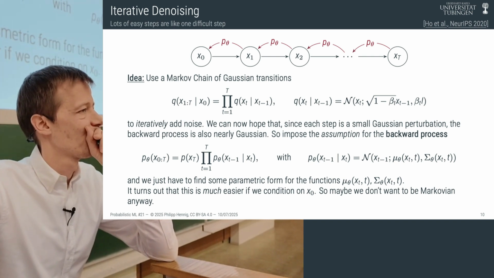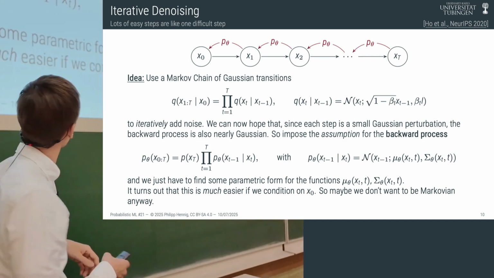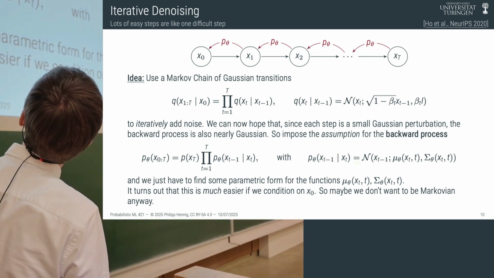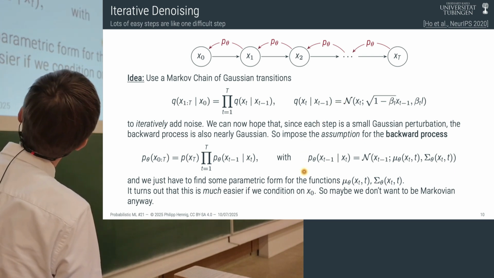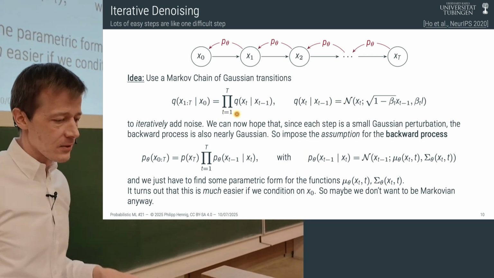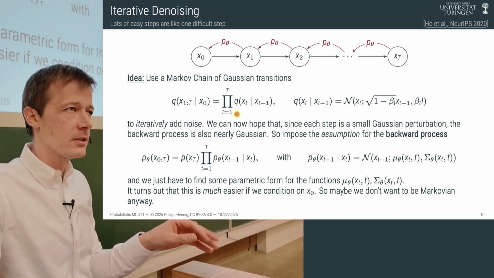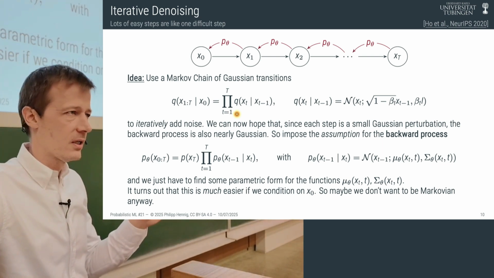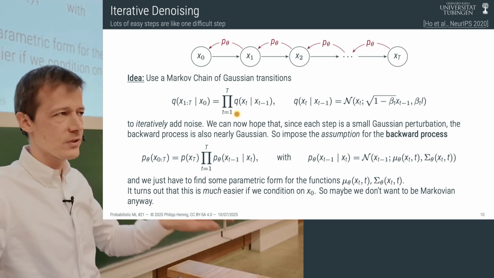Yes? Is this Q the same thing as the P of y? Which P? The Q. Ah, Q. No. Okay, so this Q is sort of the typical nomenclature for an approximate distribution or something you induce, you impose.